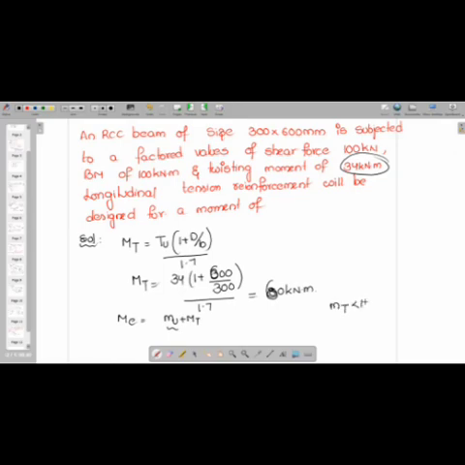No, Mt is less than Mu. So it will be designed for Me, that is equal to 100 plus 60, which is 160 kilonewton meter. So longitudinal tension reinforcement will be designed for 60 or 100 or 160, students? Can you tell me?